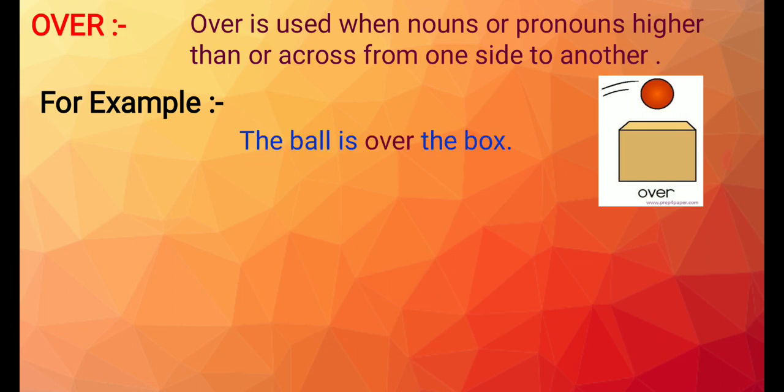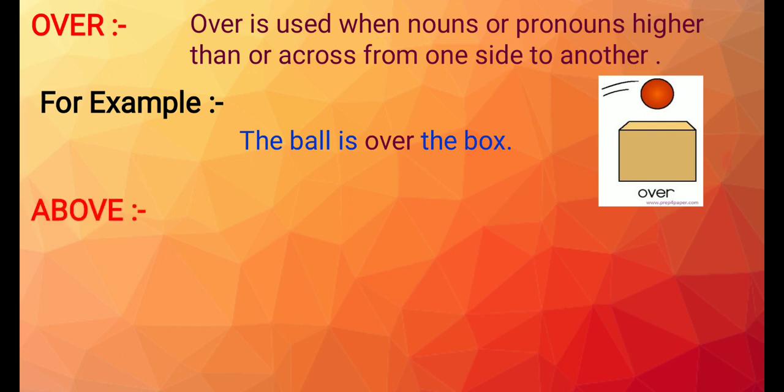The ball is over the box. Understand? What is the difference between on and over? We use on when the ball is touching the box. But here the ball is a little bit at a distance. At that time we use over.